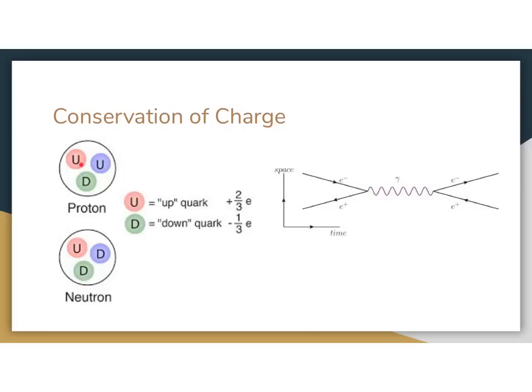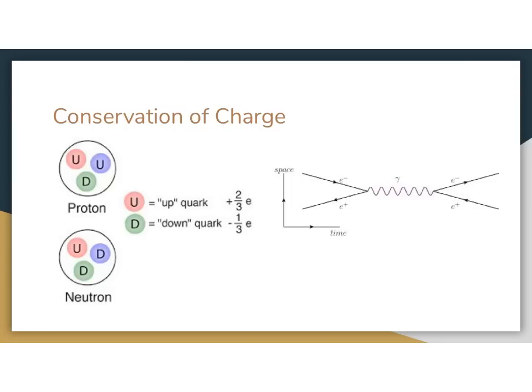So if we have 2 of those, that becomes 4/3, and the down quark has a negative 1/3. So overall, the proton remains as 1 elementary charge positive, whereas a neutron has 2 down quarks and 1 up quark. And so the down quarks have negative 1/3 each, so a total of negative 2/3, and the up quark has 2/3. So a neutron has 0 charge.